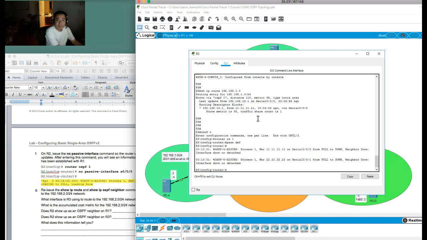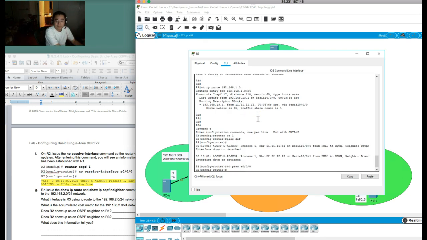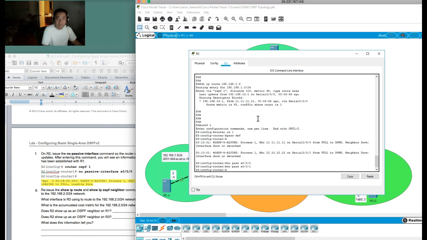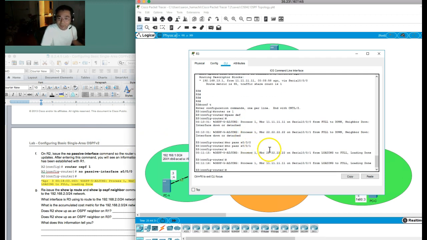And same with this. Okay, and we start seeing OSPF neighbor adjacencies starting to form again.